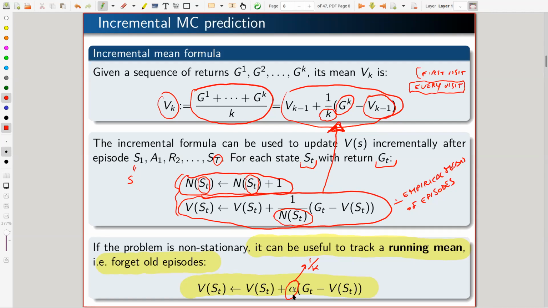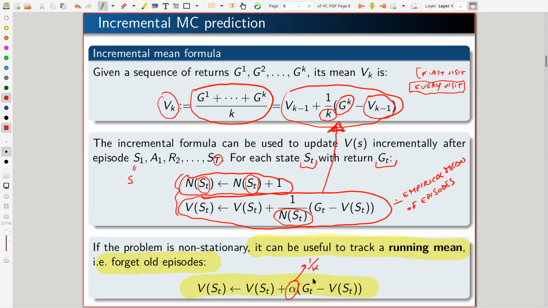This means that the weight you give to the last episode is alpha, but the weight you give to the second to last episode is, if you make some computation, alpha times 1 minus alpha. Anyway, of the order of alpha squared. So it is an exponentially weighted average. This is called, I guess, exponential moving average.